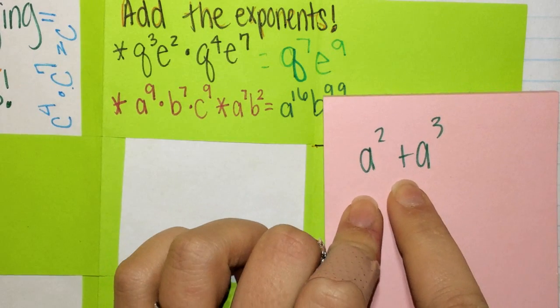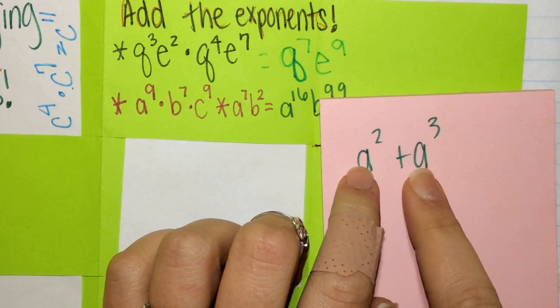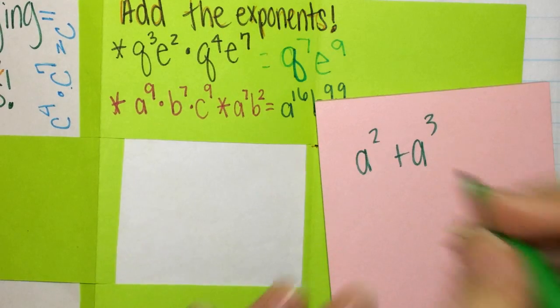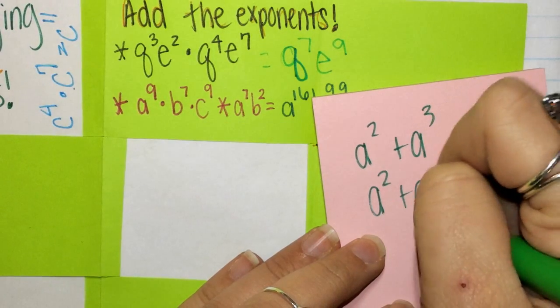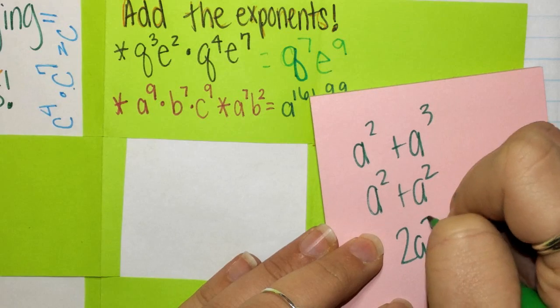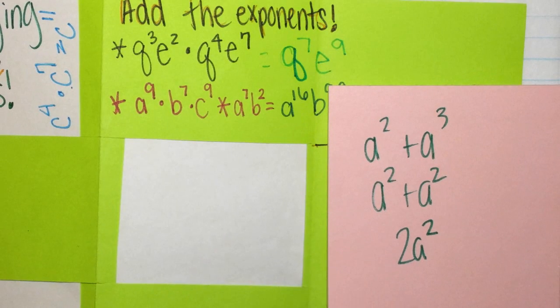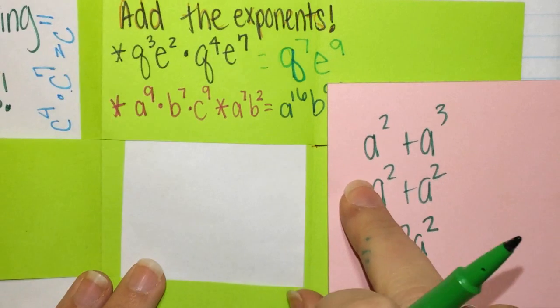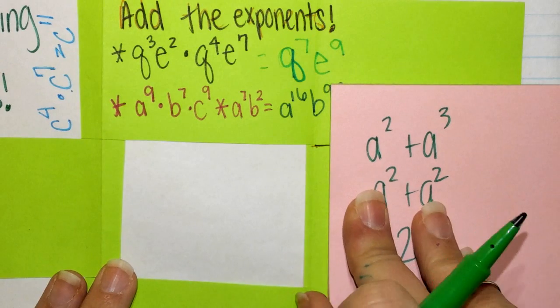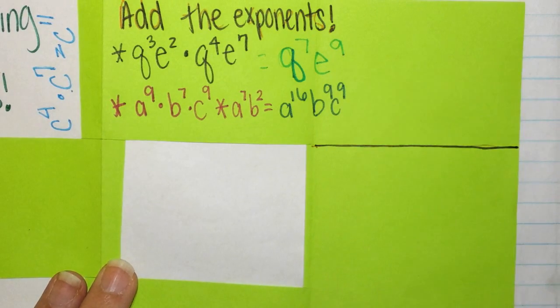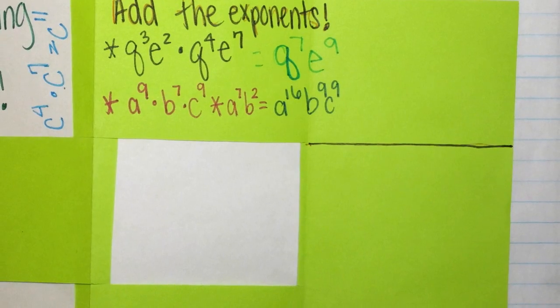Remember, for us to be able to add them, they have to have the same base and the same exponent. So if I said a squared plus a squared, that would become 2a squared. You only change the exponent when you multiply or divide. That's the only time you change the exponent. Do not change the exponent here. Does everybody understand?